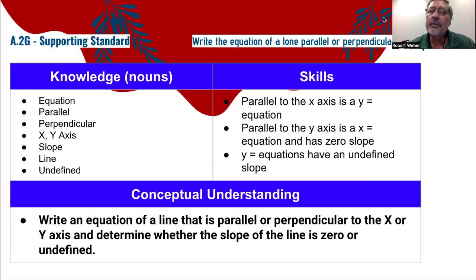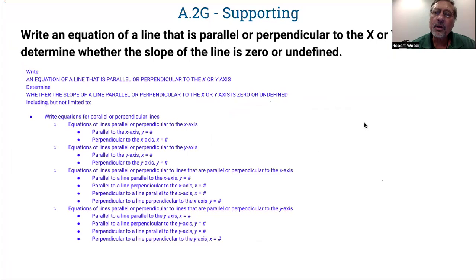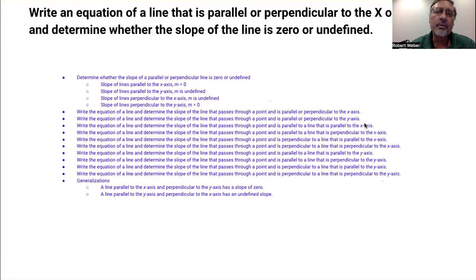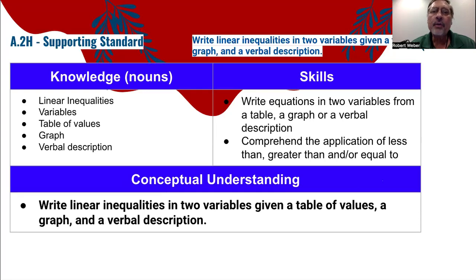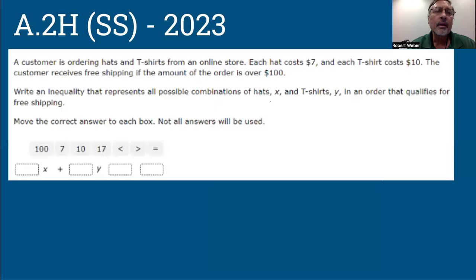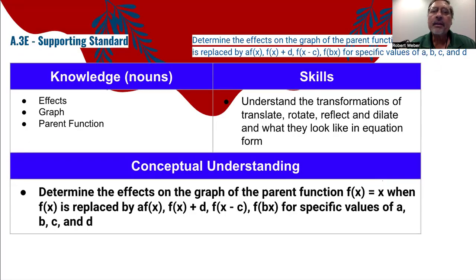2G, write the equation of a line parallel or perpendicular to the x or y axis. So there's another correction I have to make. And you can see the skills involved there. I'm going to go a little quicker through these just because there are so many supporting TEKS here. 2G example. 2H, write linear inequalities in two variables. 3E, determine the effects.